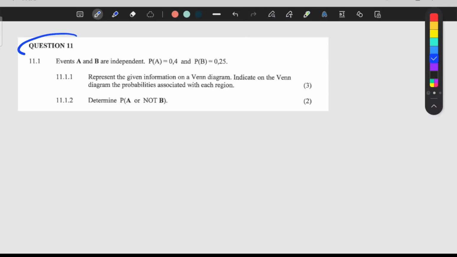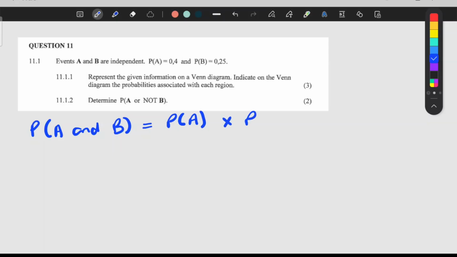Now question 11. Question 11.1 says, events A and B are independent. If events are independent, then P of A and B is the same as P of A times P of B. That's the first thing you must know, eh? Then they say P of A is 0,4, P of B is 0,25.